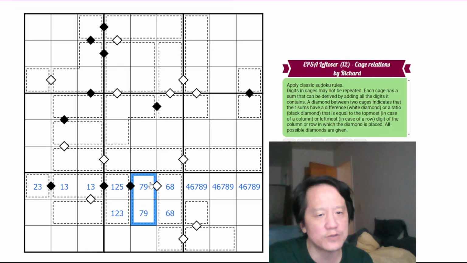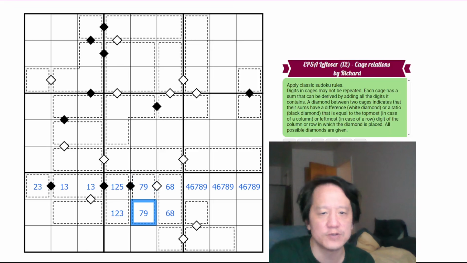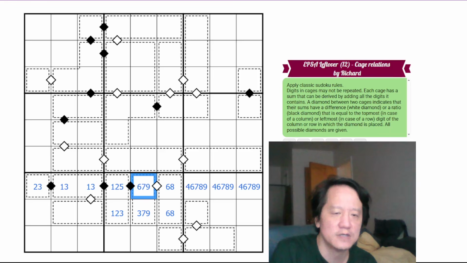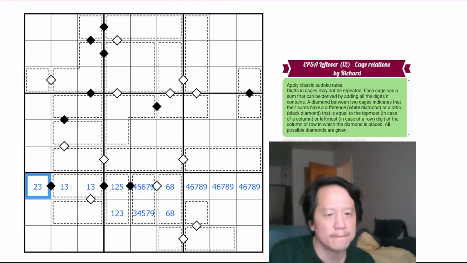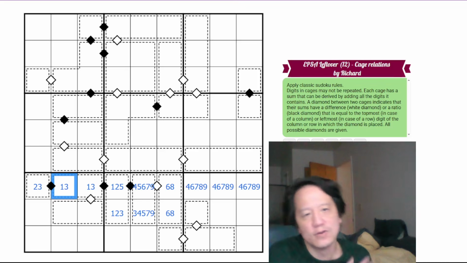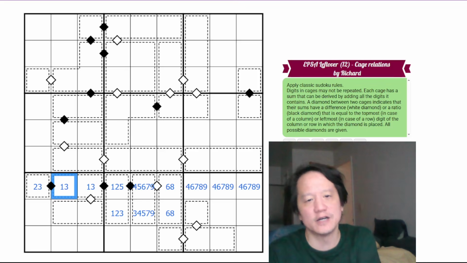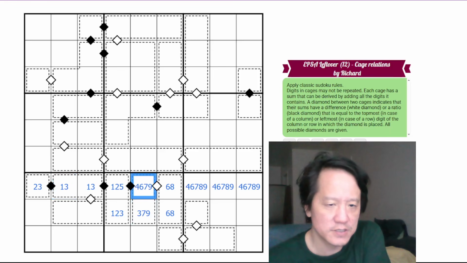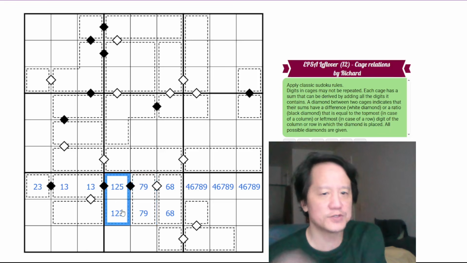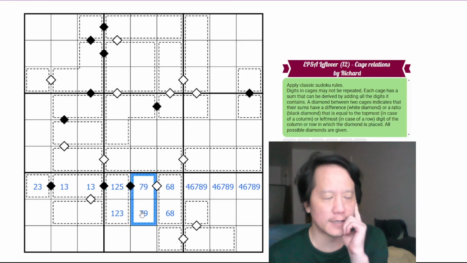This would have to be either 3, 6, or 4, 5. So if this is 3 and 6, or 4, 5 here. Well, this would be 3. Okay, so there's a lot of possibilities here. Ugh. So if this is 3, this would be 9.